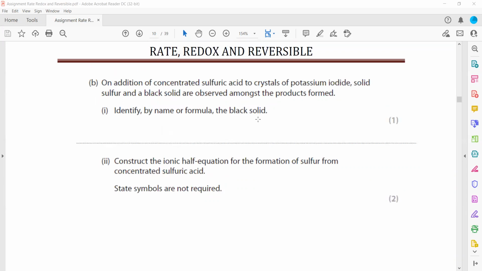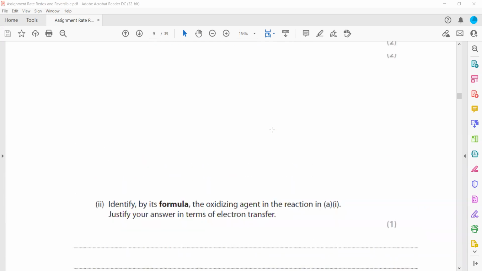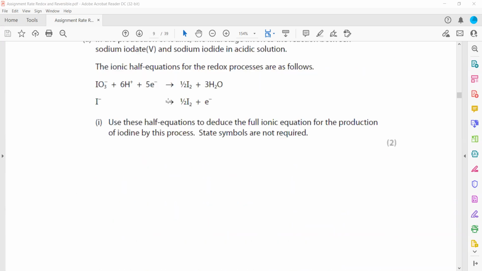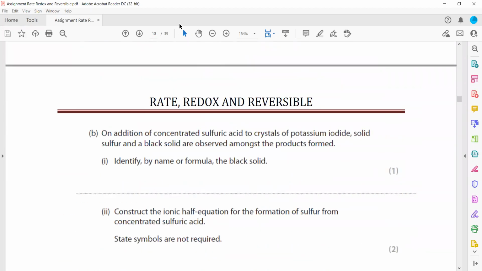As sulfuric acid is a good oxidizing agent, as a result iodide is turned into an iodine molecule. So when iodide turned into an iodine molecule, this black solid is basically the iodine molecule. So that is iodine.